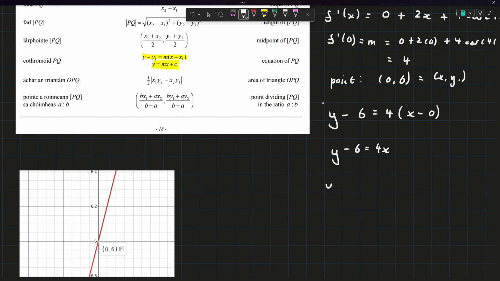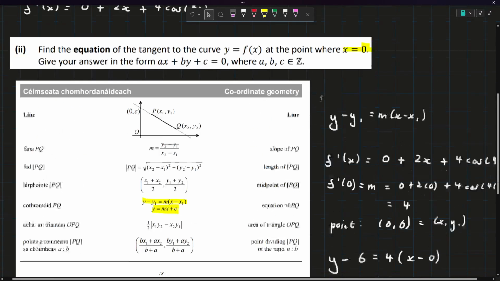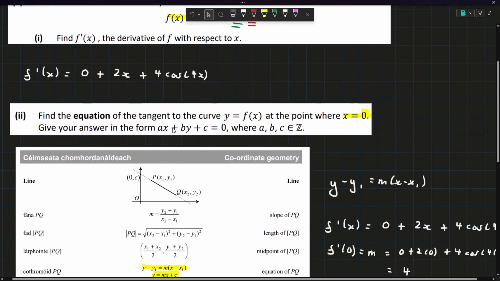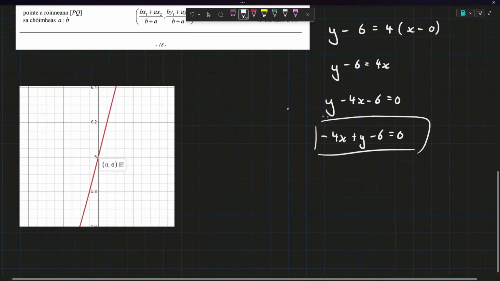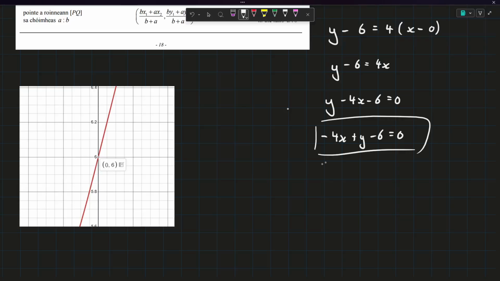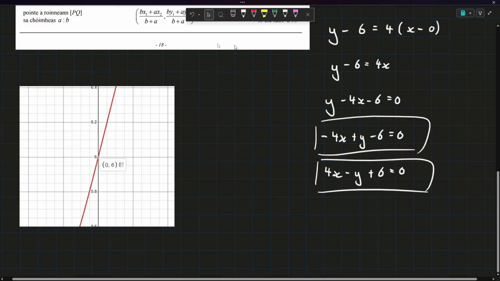Or in other words, we're going to have y minus 4x minus 6 equals 0. Or they want the x first, sorry. So we're going to actually write that as minus 4x plus y minus 6 equals 0. And that's the correct answer. And of course, if you accidentally multiplied across by minus 1, it's also completely valid to have this as your answer. If you multiply the whole equation by minus 1, both of those are correct.